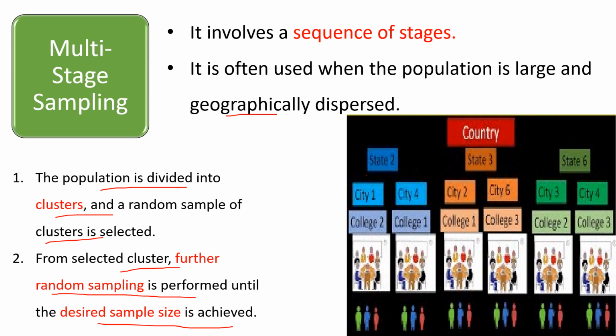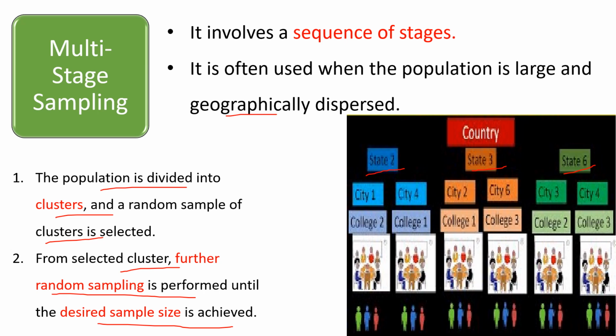If we randomly select state 2, state 3, and state 6, among these there are cities. City 1 and city 4 are randomly selected from state 2, for example, and from state 3 maybe we randomly select city 2 and city 6, and from state 6 city 3 and city 4 are randomly selected.